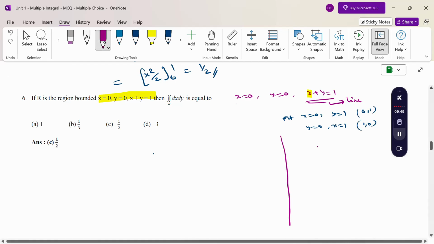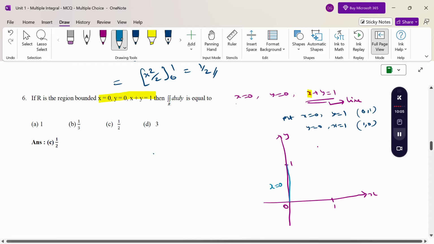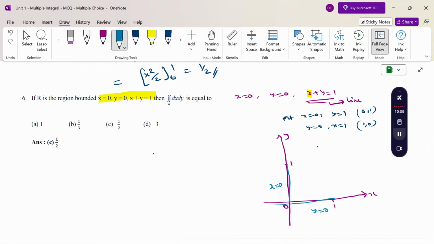See, this is the x axis, this is the y axis, 0, now 1, 1. Now first, see here, x 0. If x is 0, the whole line is x 0. This whole line is y 0. Now the coordinate point 0, 0 here, then 1, 1 here. Now this is our straight line.